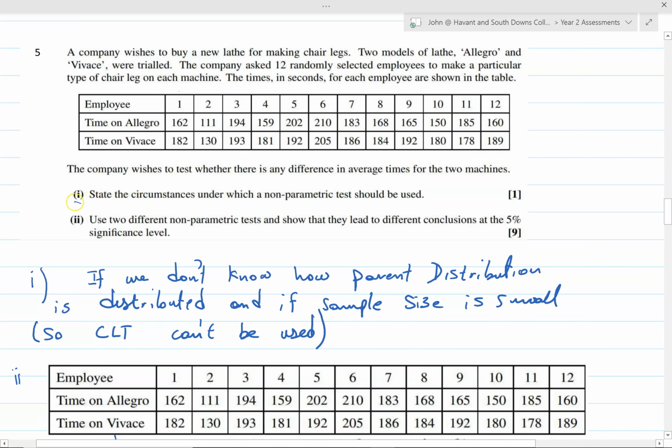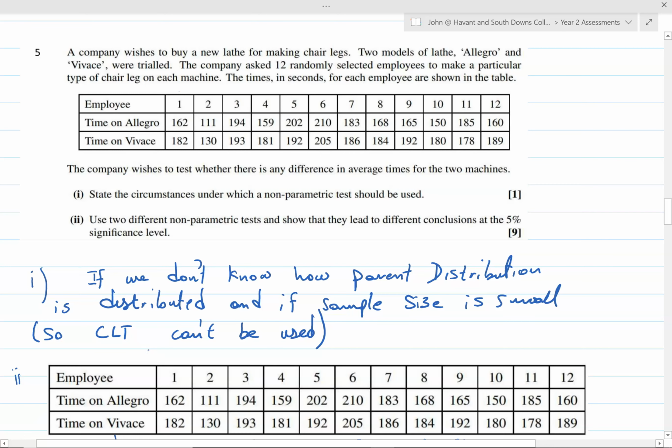So state the circumstances in which a non-parametric test should be used. Well, if we don't know much about the parent distribution, you might know it's symmetrical, but if we don't know exactly how it's distributed, for example, if it's normally distributed, then we might use a non-parametric test. And we should say that the sample size is small, because even if we don't know much about the parent distribution, normally if the sample size is reasonably large, over 30 say, then we can use the central limit theorem, but we can't if the sample size is small, which it is in this example.